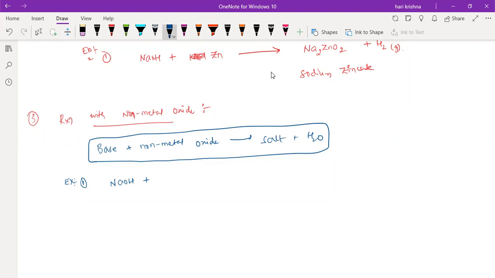No, I'm asking for a non-metal oxide. Silicon oxide, silica.